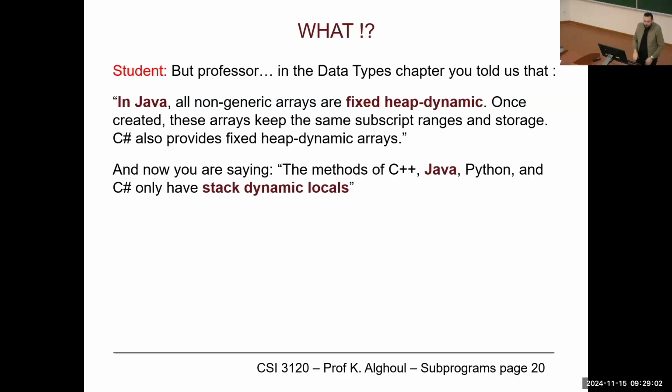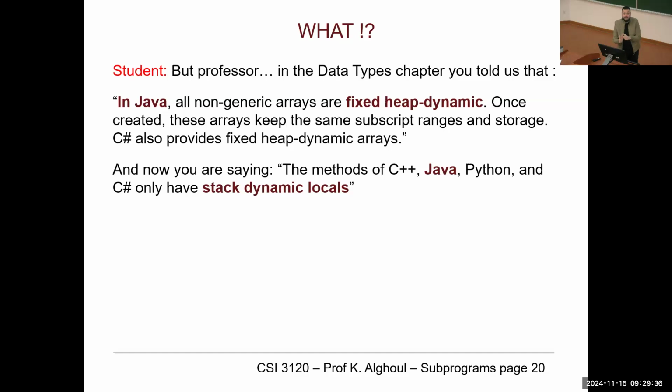In Java, arrays are not treated as primitive. They are treated as objects. And because they are treated as objects, objects will always be on the heap. That's why for arrays, even if they are created inside a local function, they are going to be saved on the heap because they are objects.